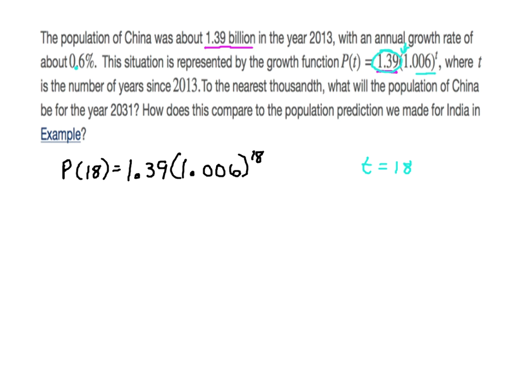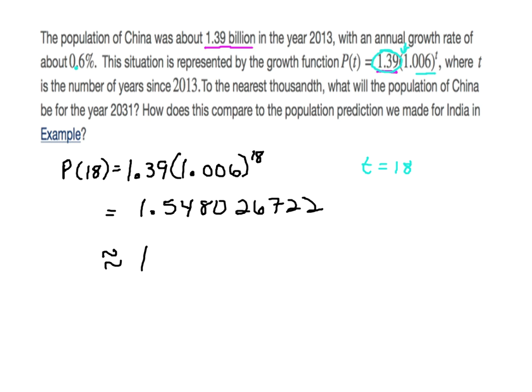And I'm just going to put this all into my calculator. 1.006 raised to the 18th power gives me 1.113688289, and then I'm going to multiply that value by 1.39, and I get my population in 2031 in China, 1.548026722.